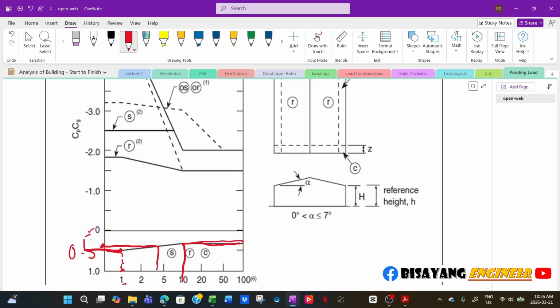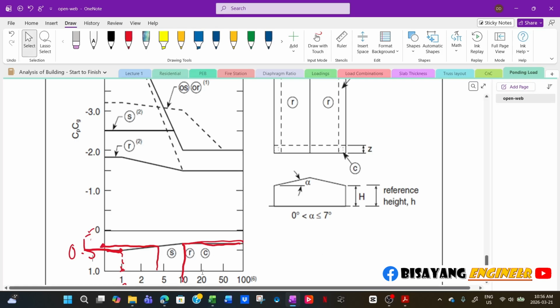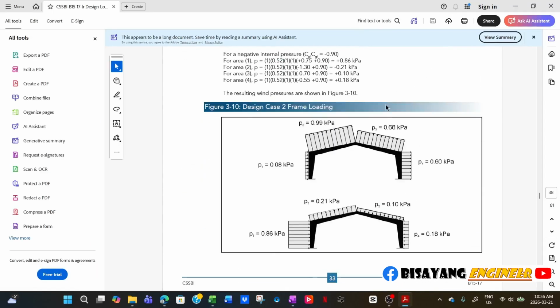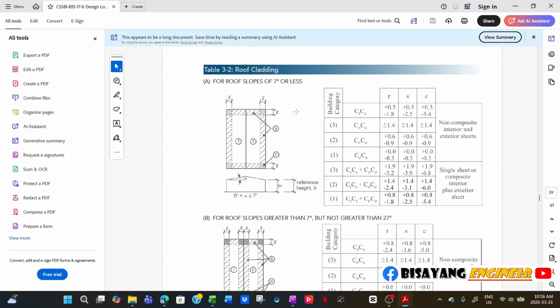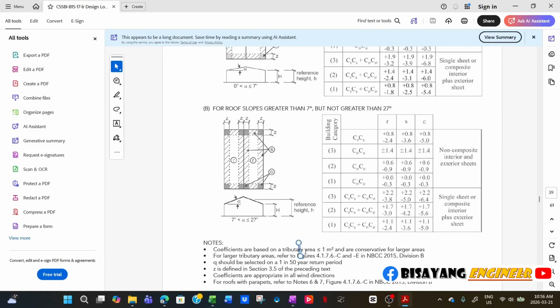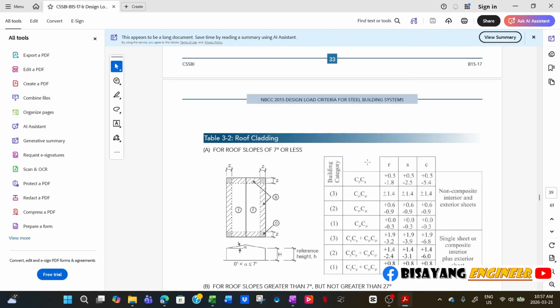That is your CPCG. But usually, even in this example, I think it will tell you that these coefficients are based on a tributary area of less than or equal to 1 square meter. So that is the assumption if you are designing roof cladding.